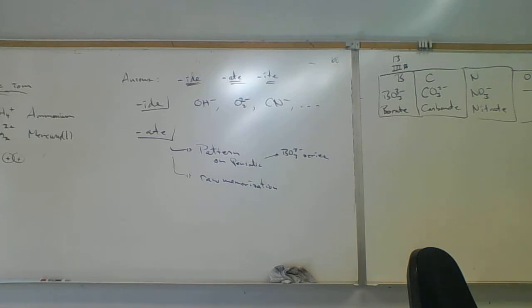And below fluorine is chlorine. Chlorine would form chlorate. And chlorate would have the formula, what? ClO3 minus. Good. And then below chlorine is bromine. And what would bromine be?